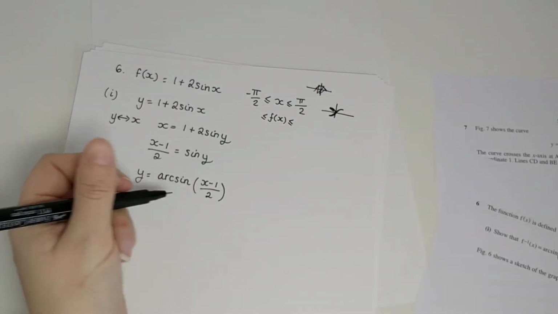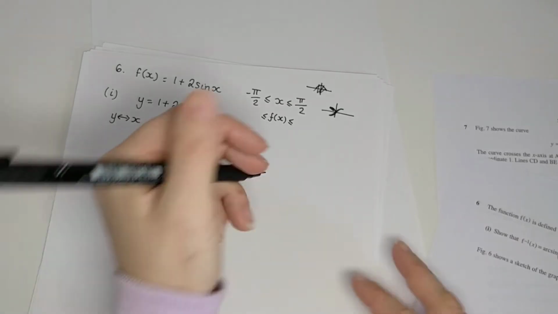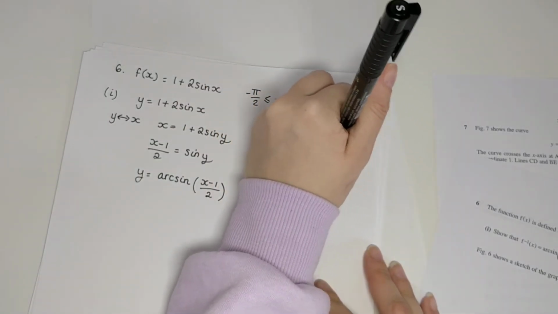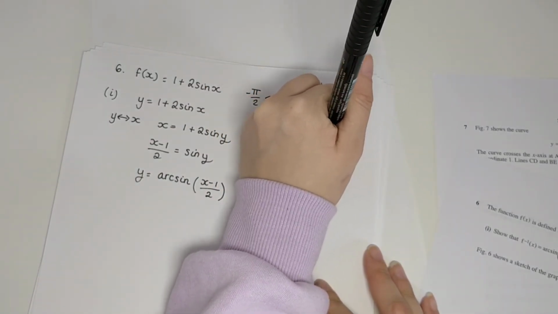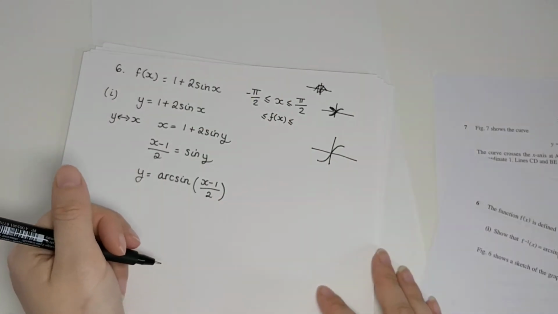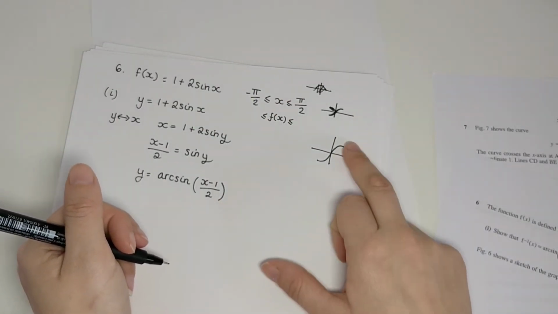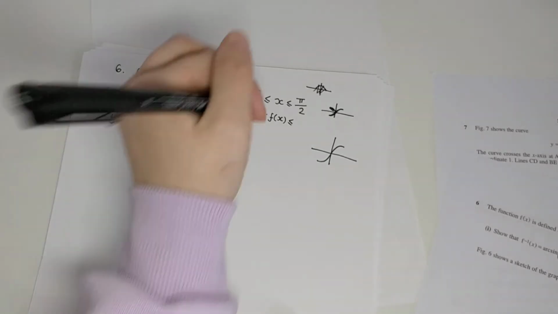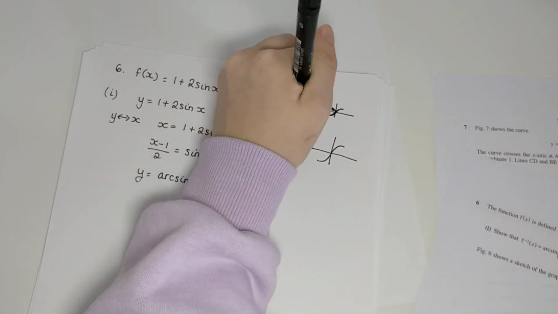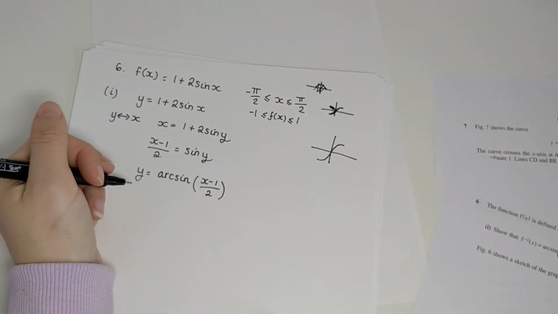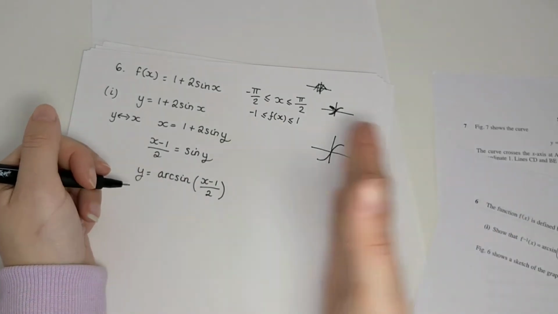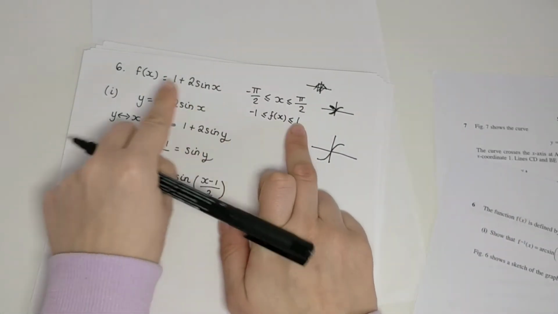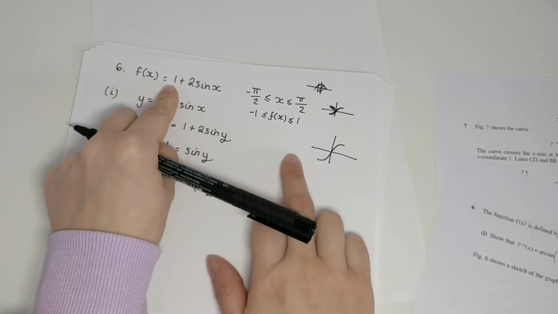Okay. So I can see from my little picture, which, you know what, let's draw it again, because that's rubbish. I can see from my little picture that the maximum is 1 and the minimum is -1. Which sounds like it's obvious because it's sine, but it depends on the domain. But this is not right because I forgot that I need to times it by 2 and add 1.